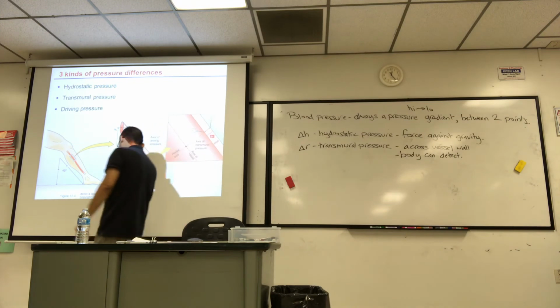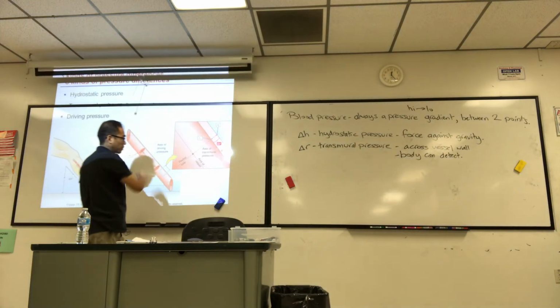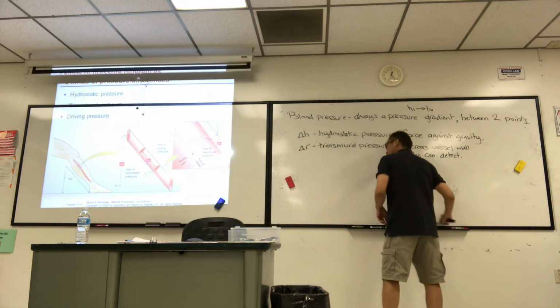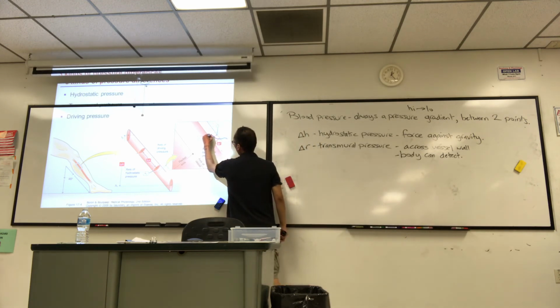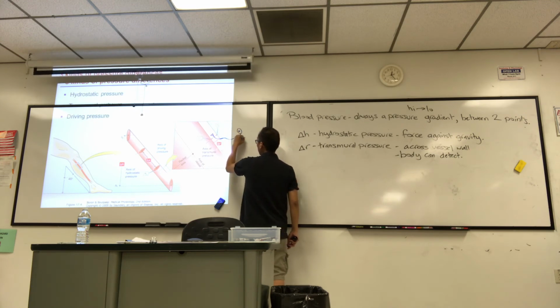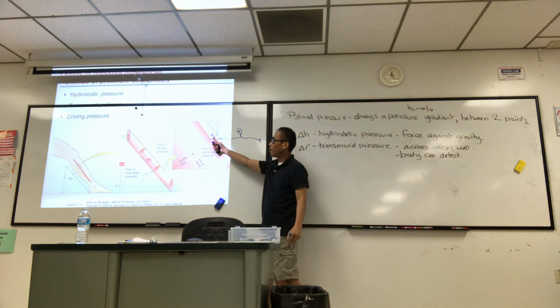Let's see if this will work. Imagine you have a nerve ending inside the vessel wall. Sensory neuron, let's go to the CNS. If you live inside the vessel wall, you can detect a change in pressure across the vessel wall.